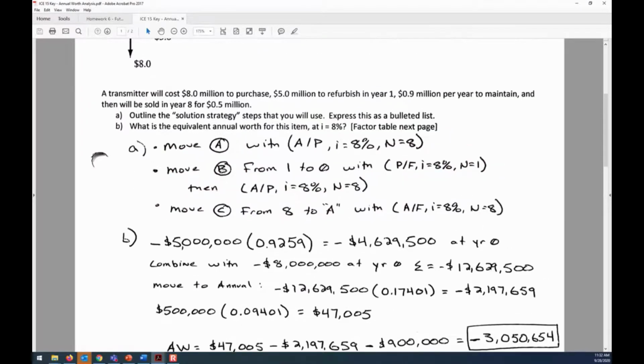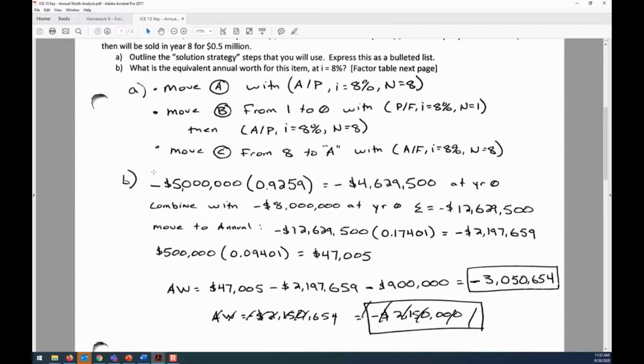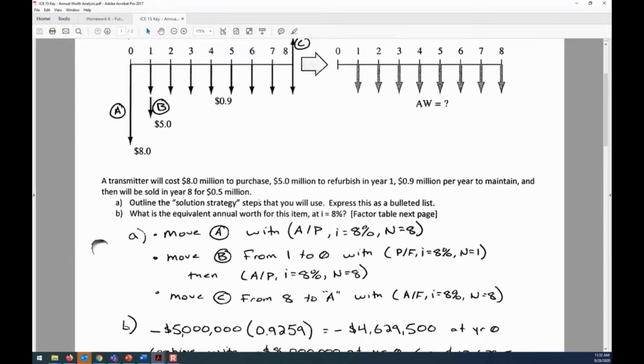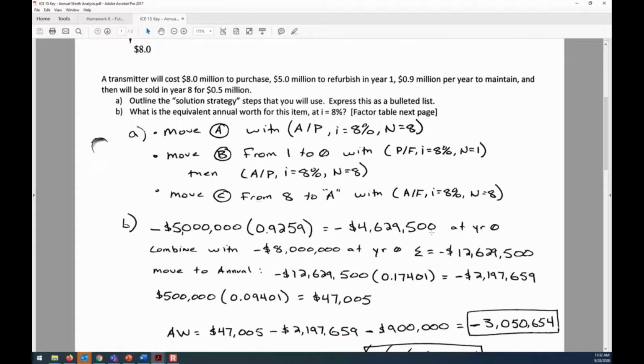All right, so here is the 5 million. I'm discounting by 1 year, so it takes it from year 1, now it's at year 0, and then I combine it with the 8 million that was already at year 0. And so A and B combined together is going to be this 12,629,000 at time 0.